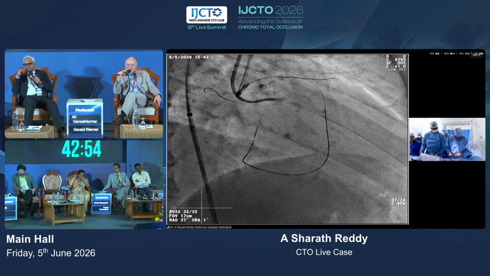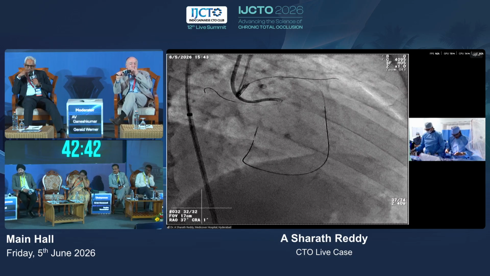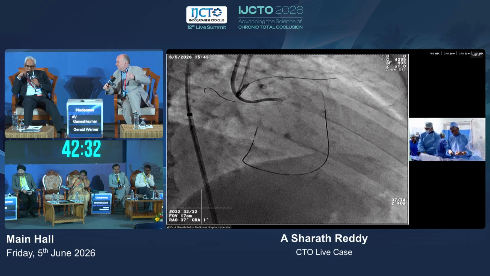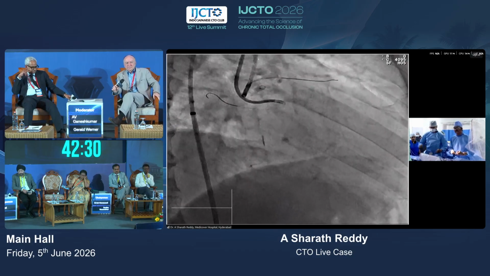Sharath, for the sake of the audience, can you tell us when you're puncturing the distal cap retrogradely, what precautions you're taking, and what gives you confidence that this is the place where you need to puncture? Are there any predictors or any guide for where exactly to puncture? It's an ambiguous distal cap.